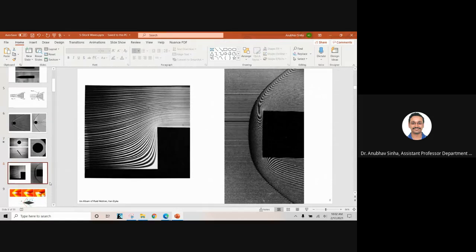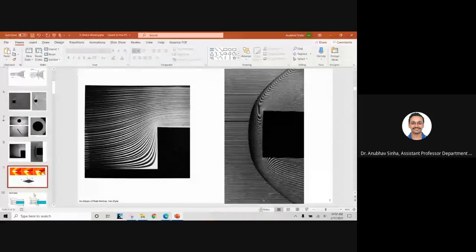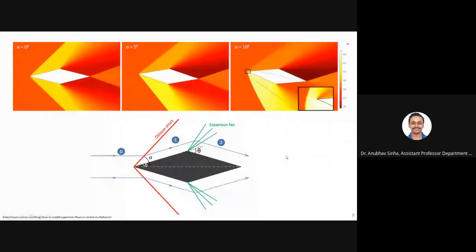I have added one more example. As you can see, when you have aeroplanes for supersonic speeds, they have delta wings. So this is how delta wings look like. Even if we change this angle of attack, basically this is your orientation.